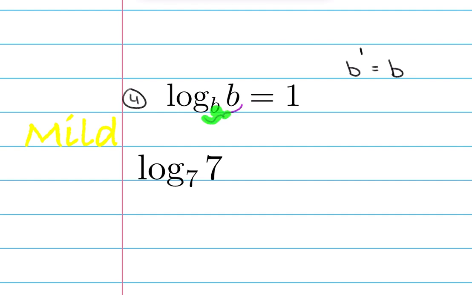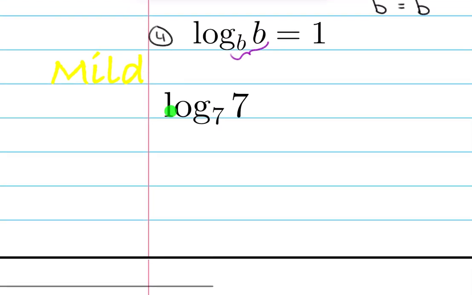So your mild example of that is the log base 7 of 7. Again, your base and your argument are the same. Since those two things are the same, the answer is simply 1.